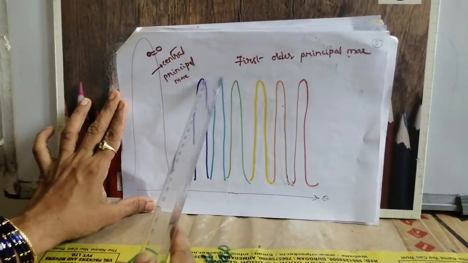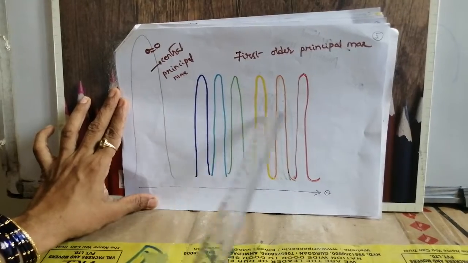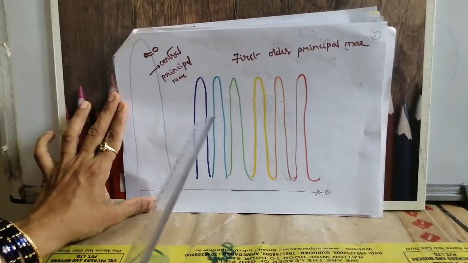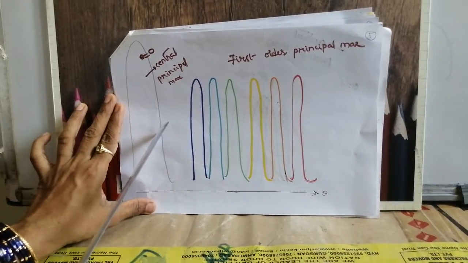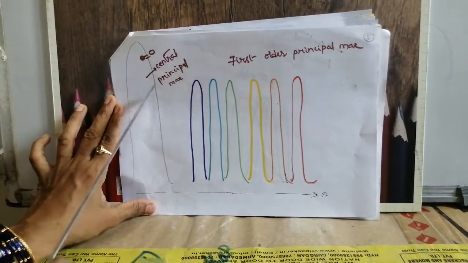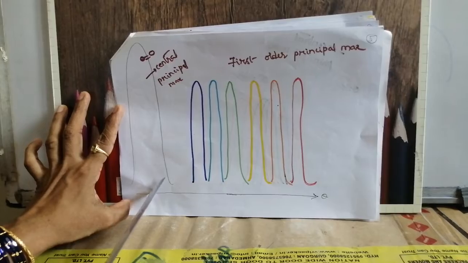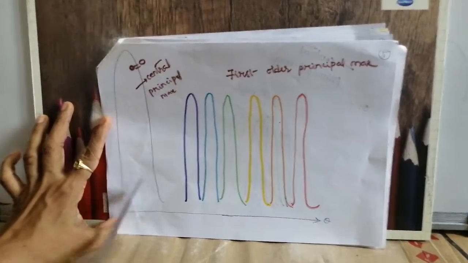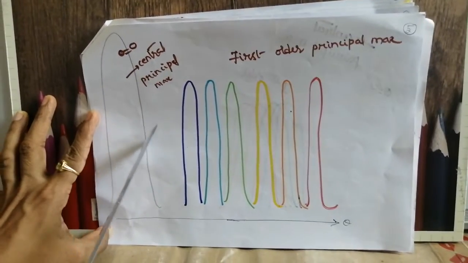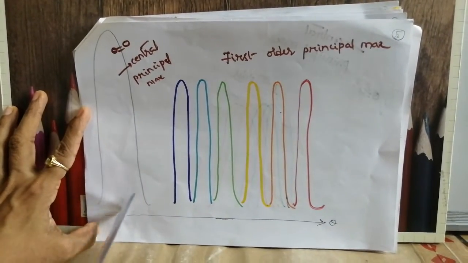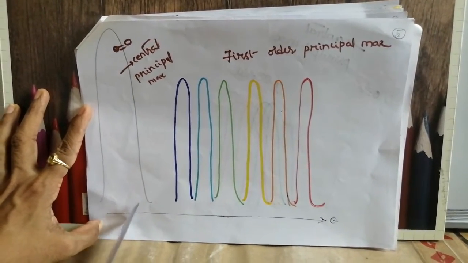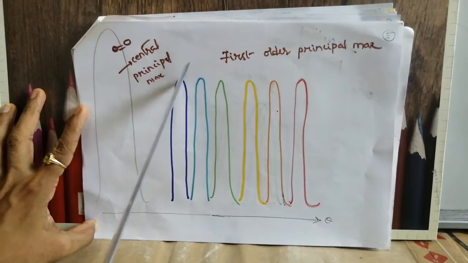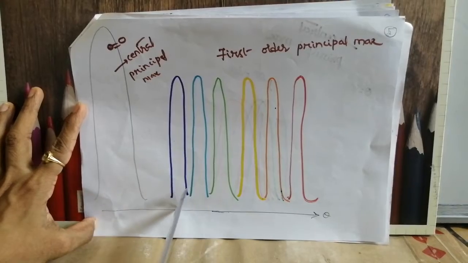To know the spectrum in detail: for theta equal to 0, for all lambda, the central principal maximum occurs at theta equal to 0. So all 7 colors will be incident at theta equal to 0. So again, the central principal maximum is white. For the first order principal maxima, for violet, theta is less.